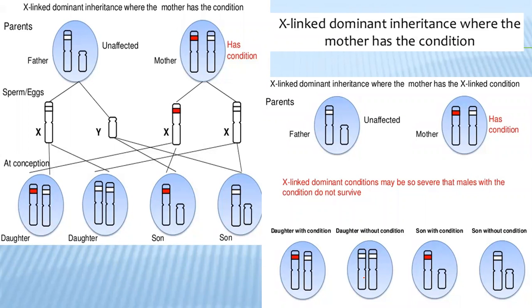This is a rickets in which there is defective intestinal absorption of calcium. Vitamin D is resistant over there. It is not absorbed, as well as calcium is not absorbed in the intestine. So that leads to rickets.